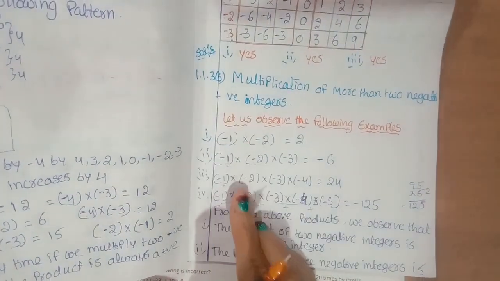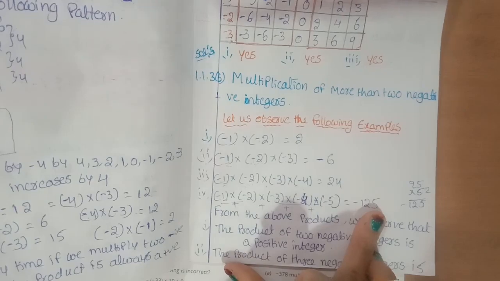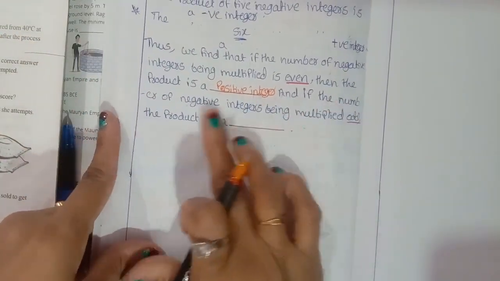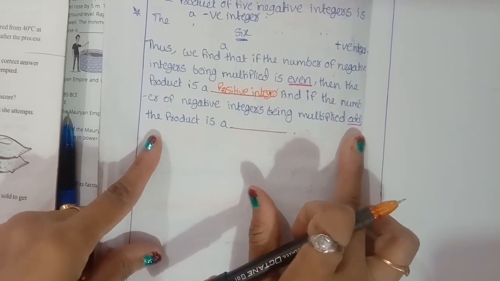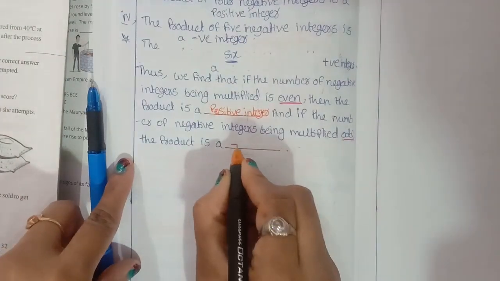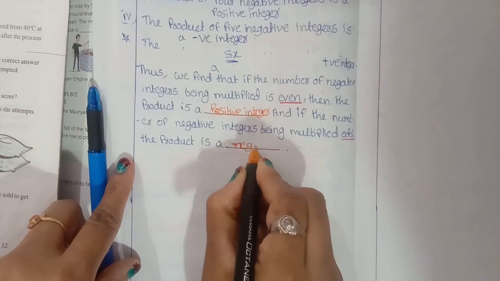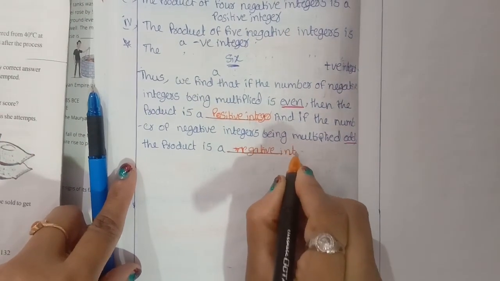But don't get confused: even means 2, 4, 6, positive or negative? Positive. So if the number of negative integers being multiplied is odd, then the product is negative. Negative integer.